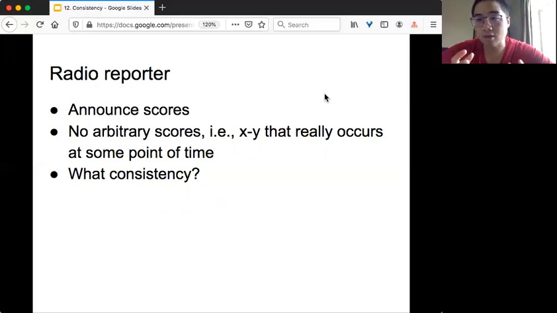Okay, so that's not good. Then what is the weakest consistency that the radio reporter needs? In order to answer this question, you will want to remind yourself that there's a certain consistency model that requires the reader to observe a consistent sequence of write operations.